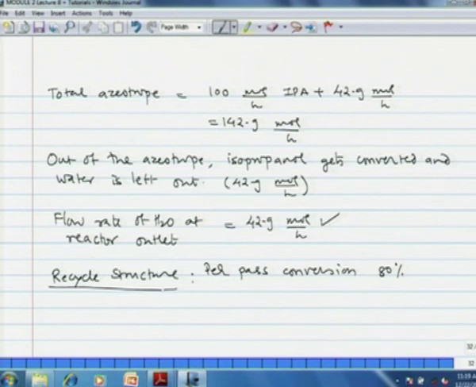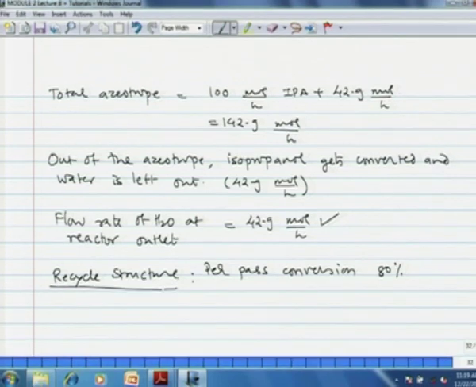So, the outlet of the reactor effluent should pass through at least 2 distillation columns. In the first column, the main product acetone will be removed from IPA, and in the second column, excess water will be removed from IPA. So, in that column, the main product will be IPA azeotrope, which will be recycled back at the reactor inlet, and it will be mixed with the fresh azeotrope feed.